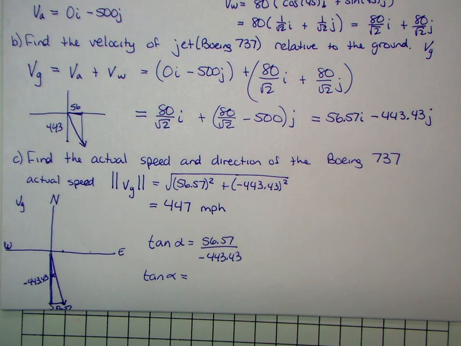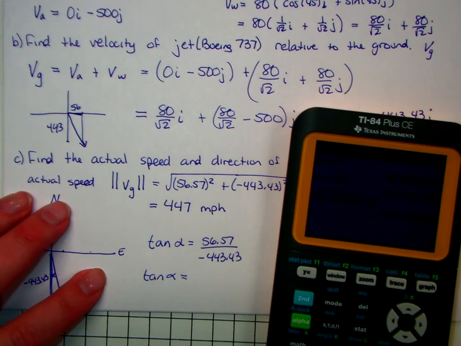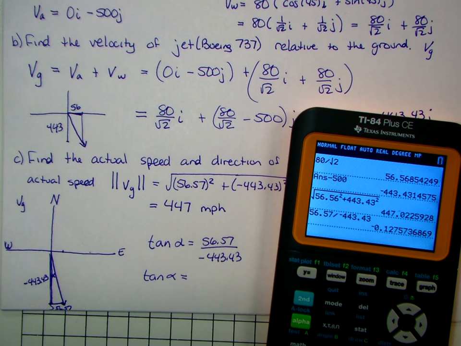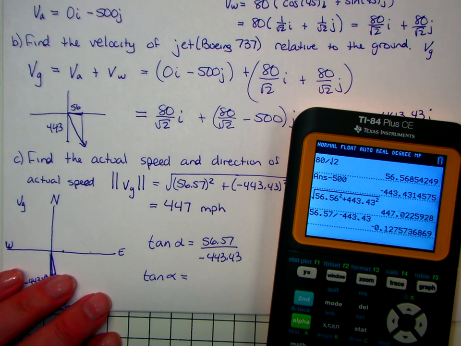So let's go ahead and figure out what that is. 56.57 divided by negative 443.43 is negative 0.12 something.